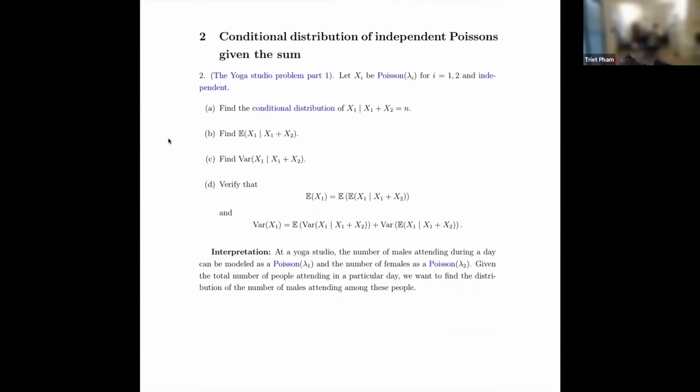this actually is a well-known example, right? This is a well-known result in Poisson process, where it's a part of some concept called Poisson thinning, or whatever.